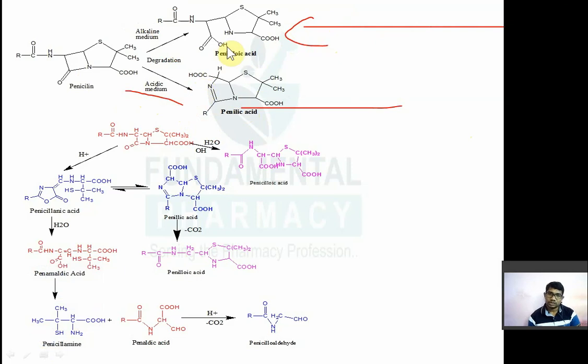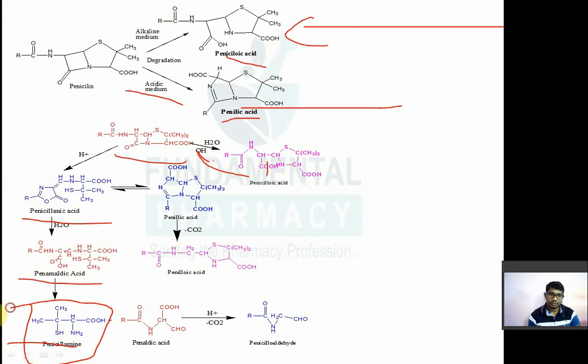So don't get confused here. You can see again: this is the penicillin structure. Under basic condition, with OH minus ions, penicilloic acid is formed and this bond is opened. Under the acidic condition, penicillenic acid forms, after that penamaldic acid, and lastly you get penicillamine.